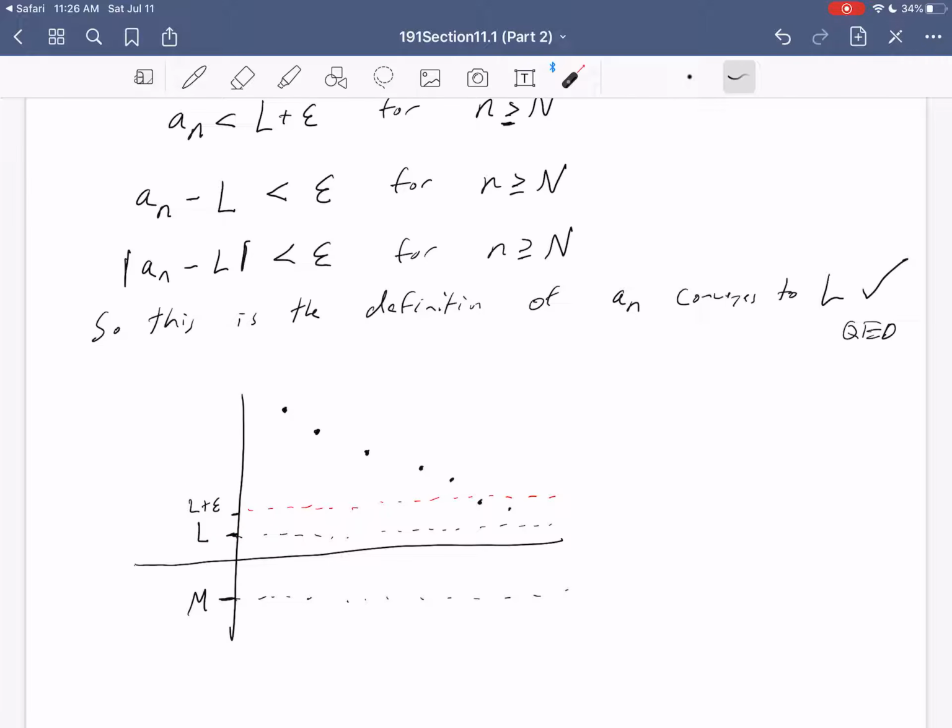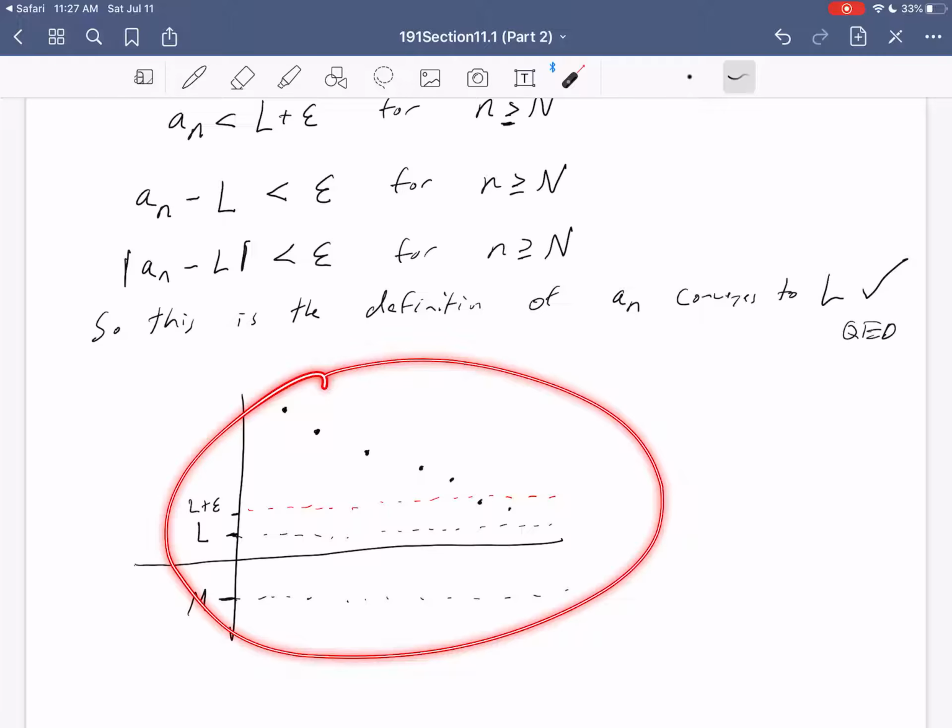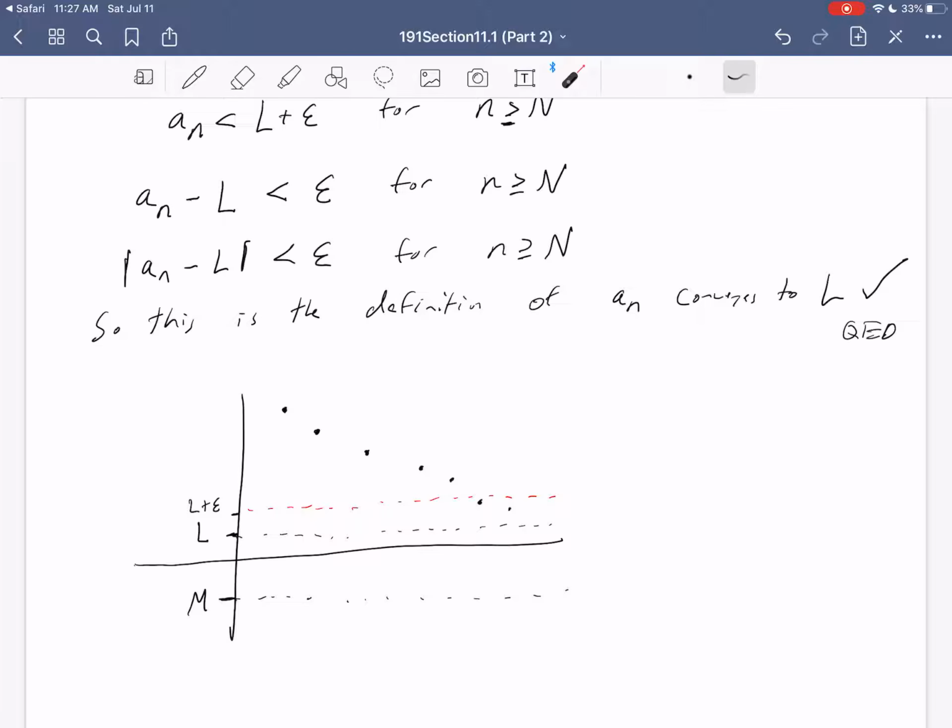So notice that it doesn't matter what happens back here, but eventually the points have to be sandwiched in here. They have to keep decreasing, because it's strictly decreasing, but they can't go below this. So there really isn't anywhere for them to go, except that they can approximate or limit to that L there. And that's really all we did in this proof, except we did it very formally rather than trying to argue it from a visualization.